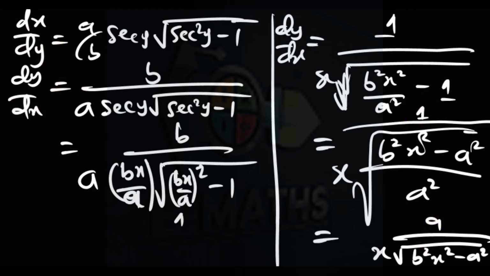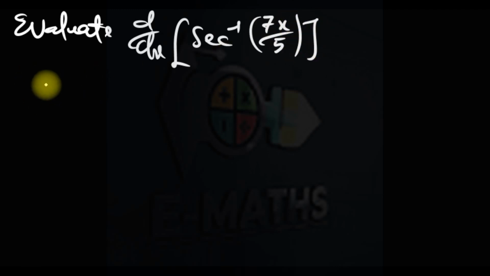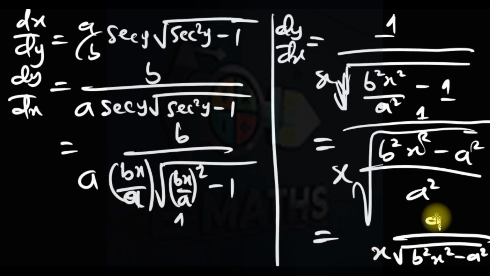So for example, if someone asks you to evaluate d over dx of sec inverse of maybe 7x over 5. So the answer is now, if you compare, our a is 5 and our b is 7.